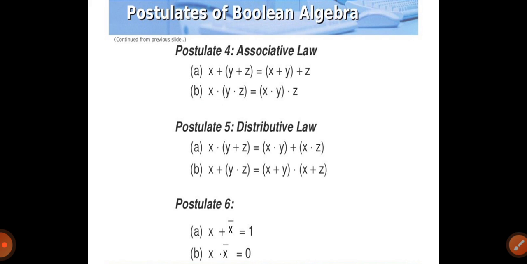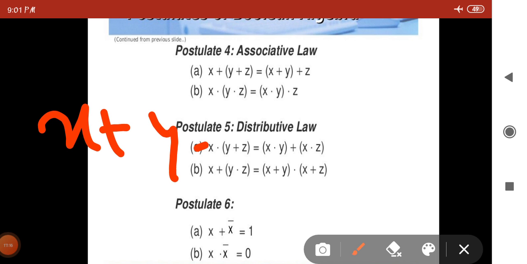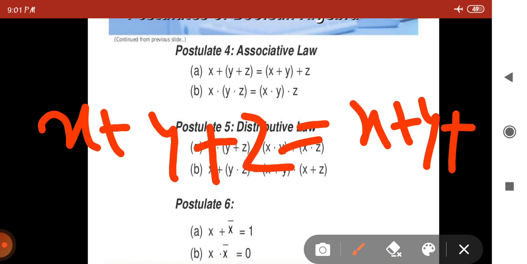These are very important for your examinations. x plus y plus z equals x plus y plus z, right? This is the equation for that. For example, if you solve that, x plus y plus z equals x plus y plus z.